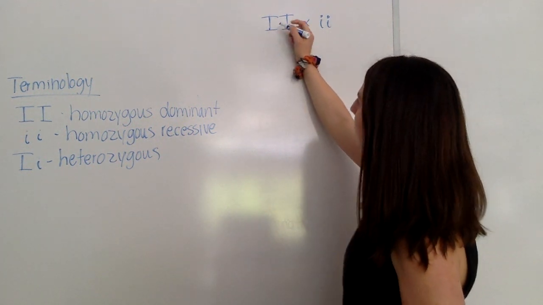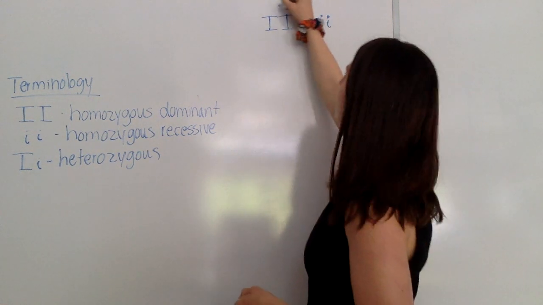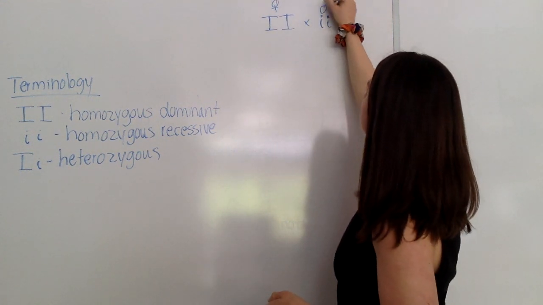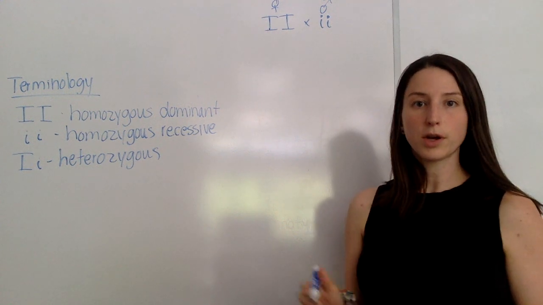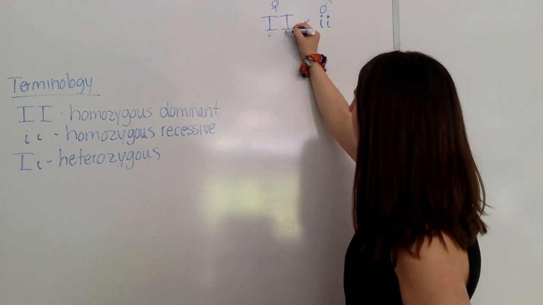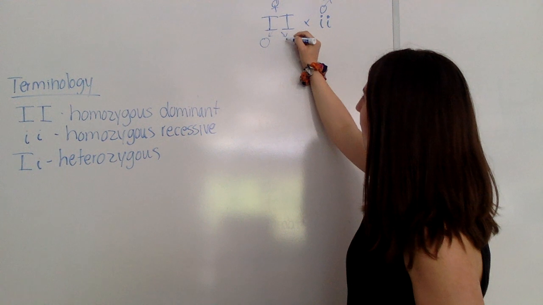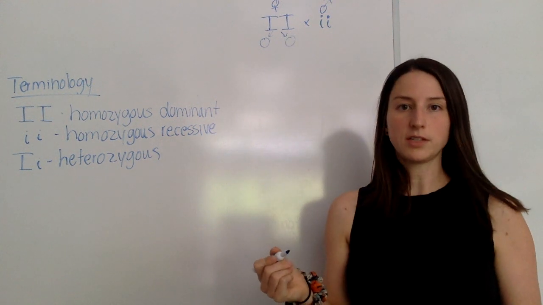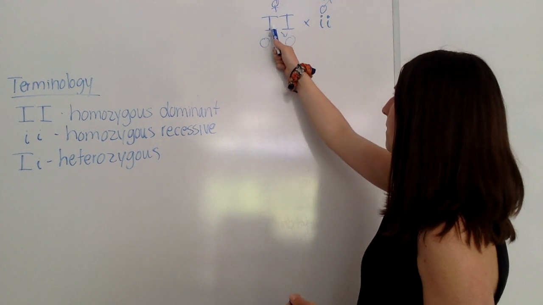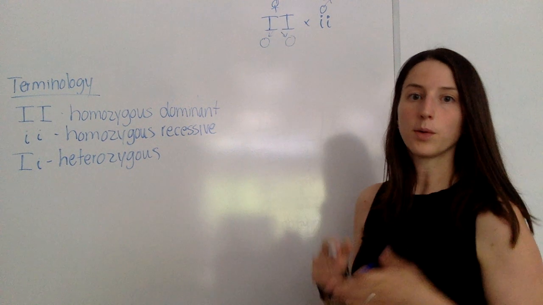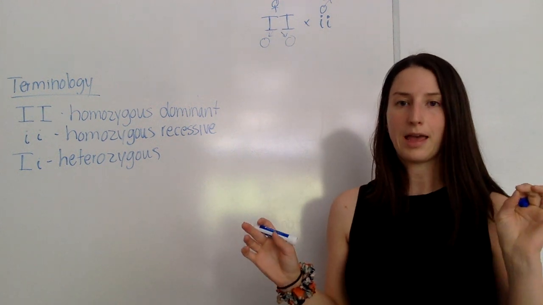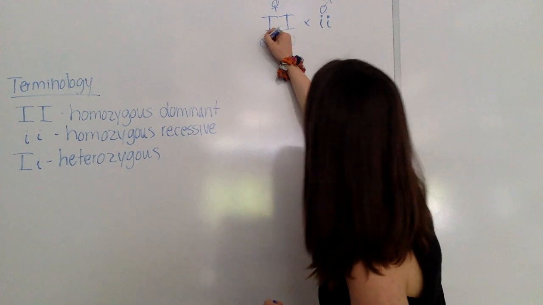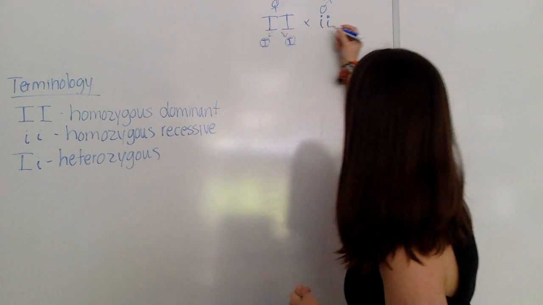Let's make this person the female, this person the male. This person is going to make eggs, and the possibilities for their eggs are either this allele or this allele. So all of their eggs will carry a dominant allele.